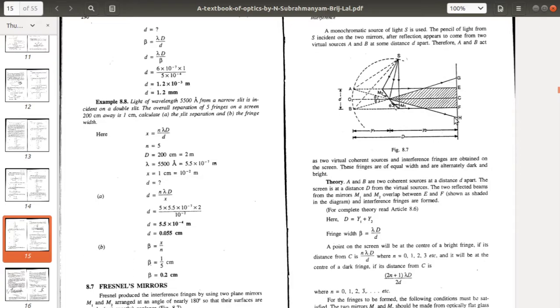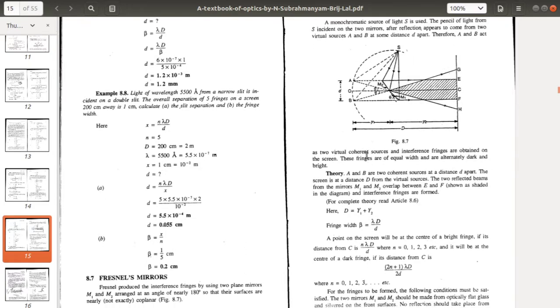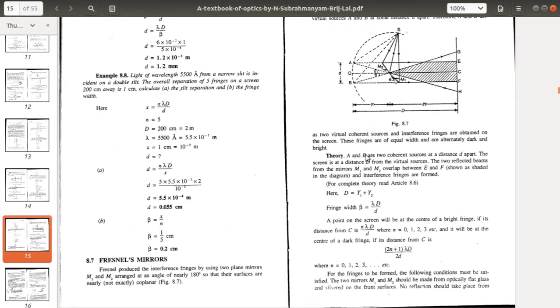This is how we obtain interference fringes on the screen by this arrangement of two mirrors. This is what Fresnel did in this experiment. So we can discuss the theory now. We will get interference fringes in the region EF.